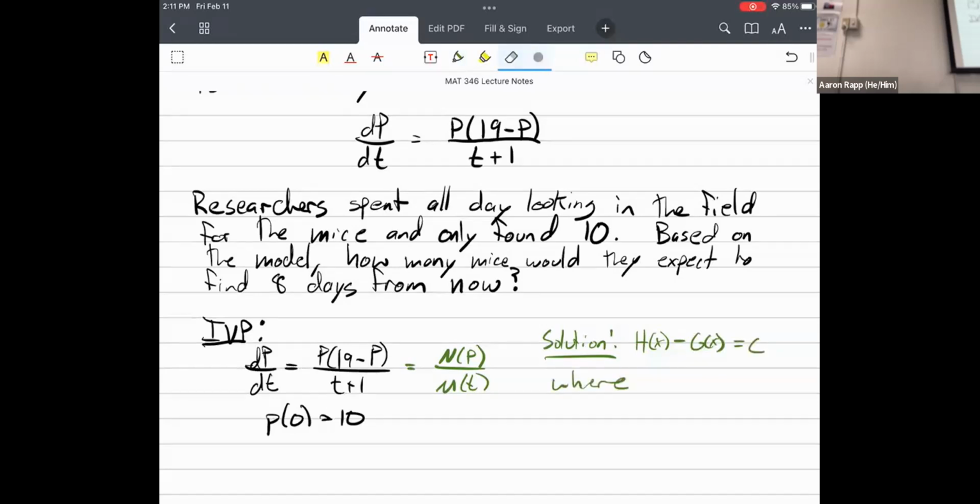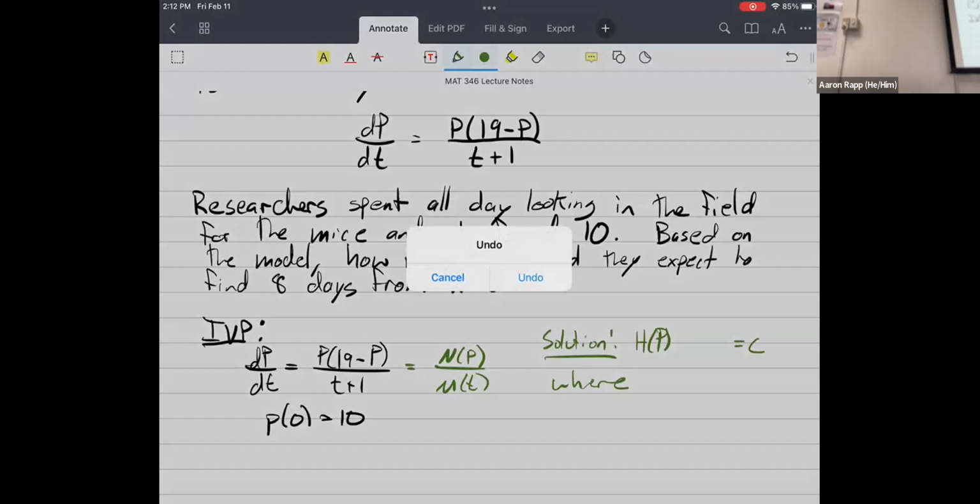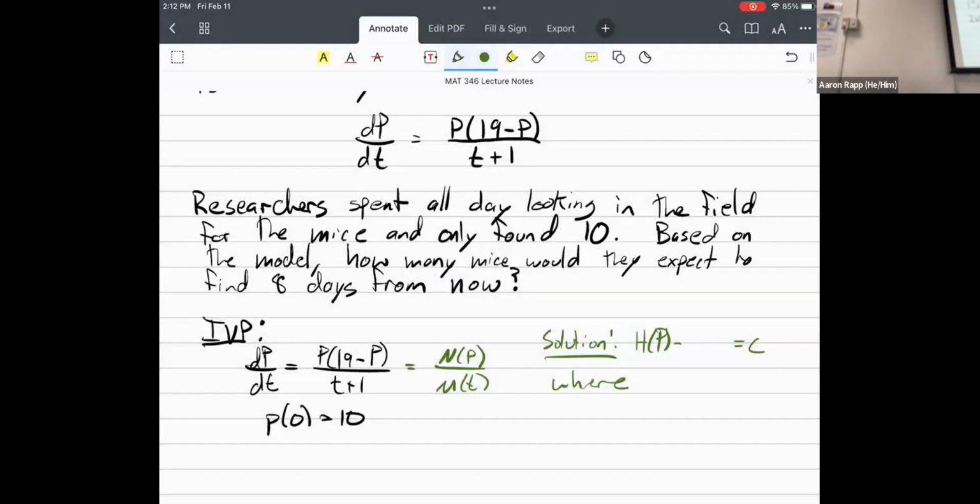In this case, it'd be capital P, because I get my variables correct. In the general case, when our solution was y, it was h of y, but here my solution is represented as capital P, so it's h of capital P minus another function of my independent variable. When we were working with it in general, it was x, here it's t.